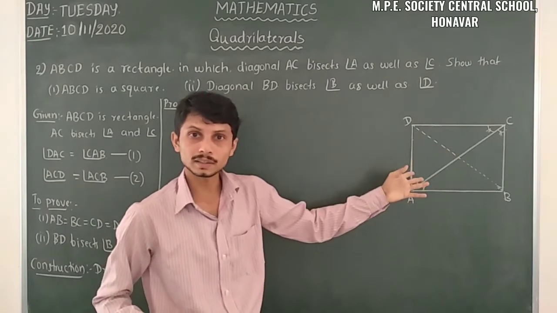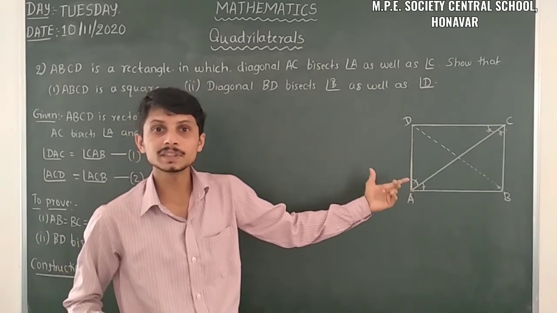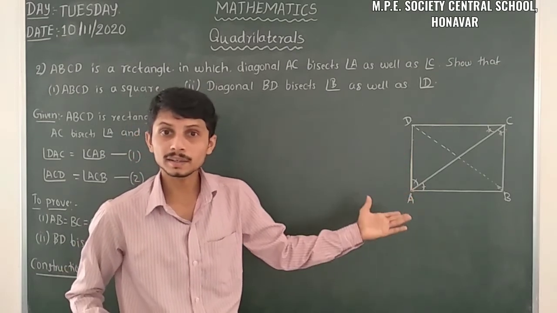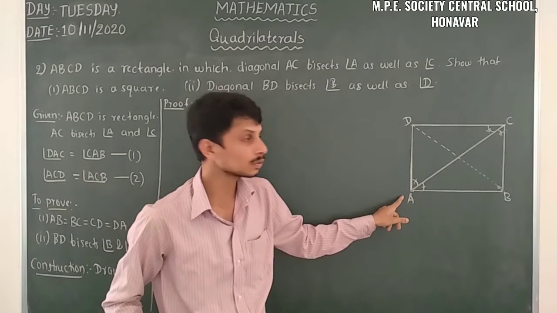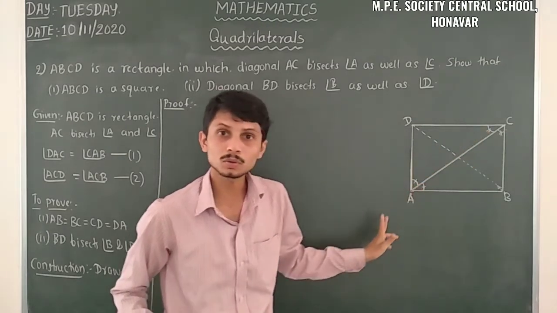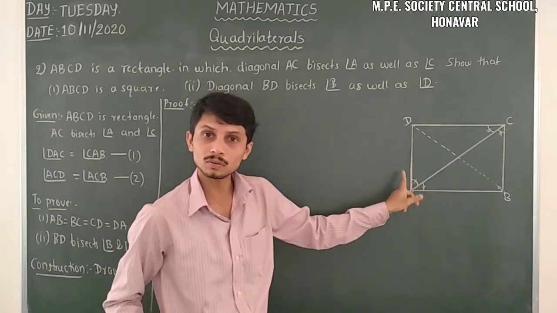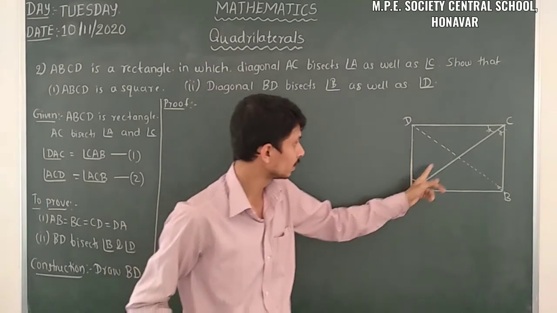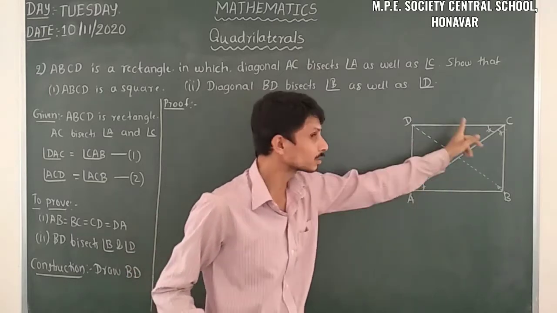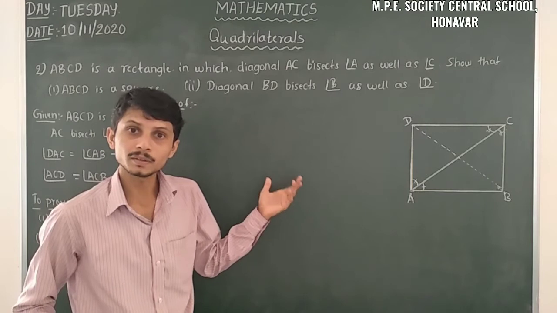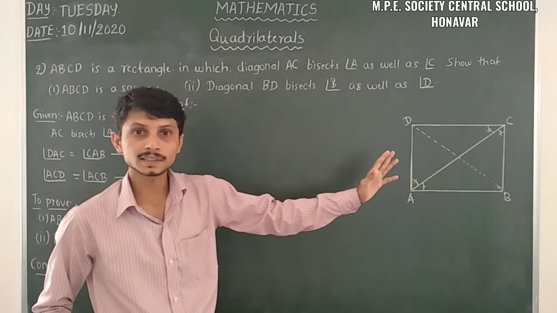From the axioms and theorems, we know alternate interior angles are equal when the lines are parallel and AC is a transversal. So this is equal to this and this is equal to this, and things which are equal to the same thing are equal to one another. Then these two angles are equal, so these two sides are equal, and from that we get all the sides are equal.